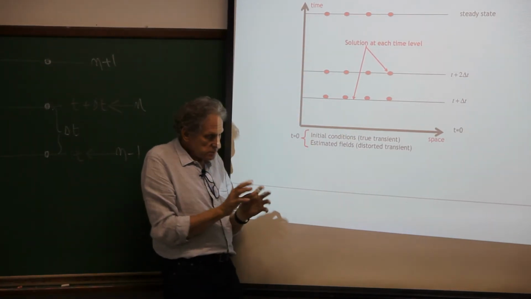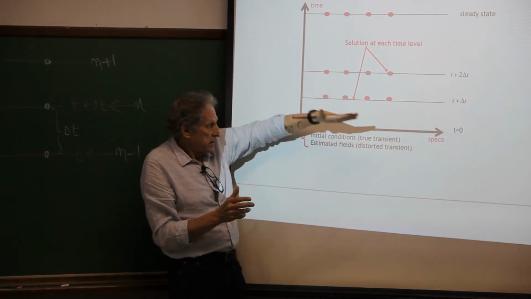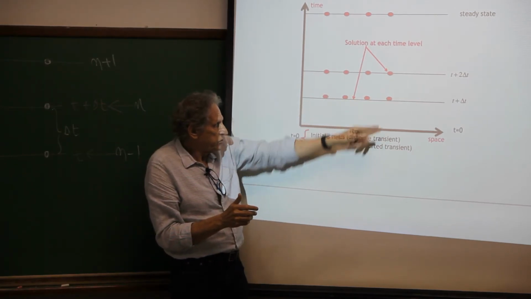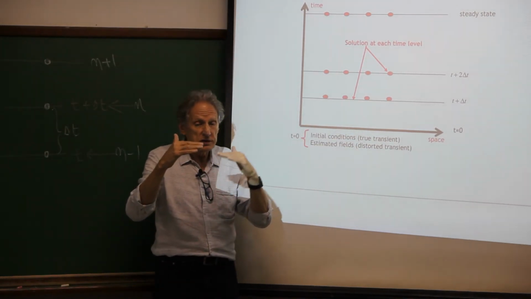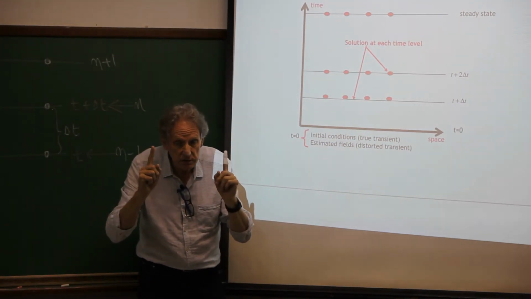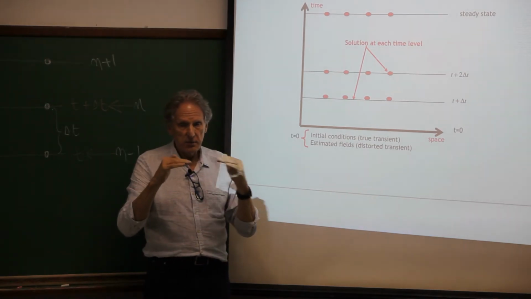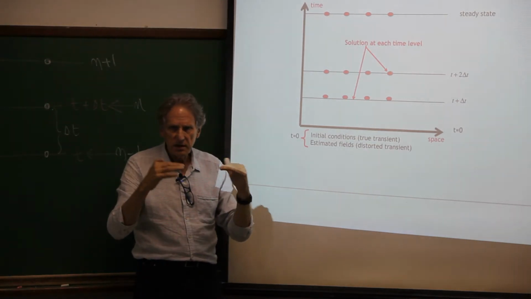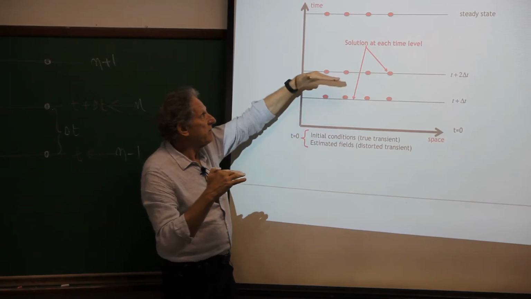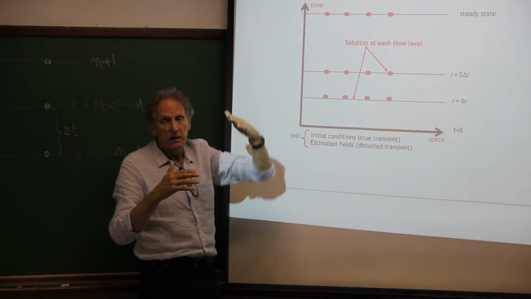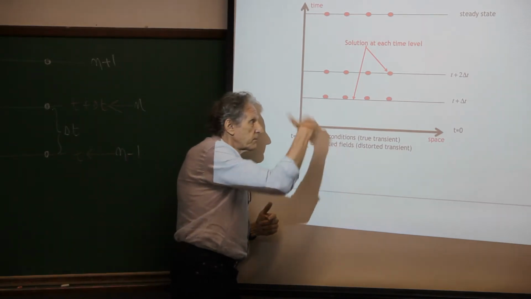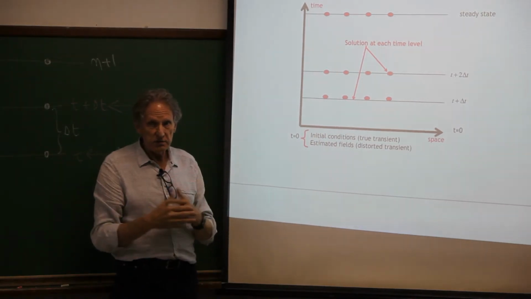And if I'm following some conditions, these are real, true transient initial conditions, and I don't distort the transient, because you can distort the transient. Then you will have that until you reach steady state. You can also go in a distorted transient.